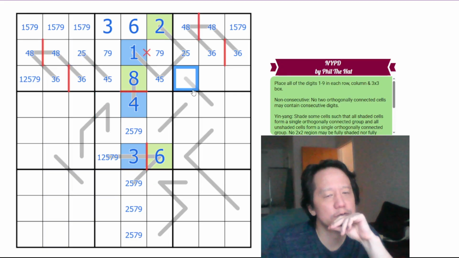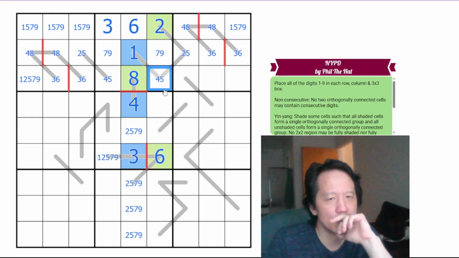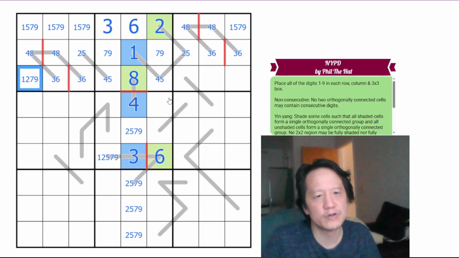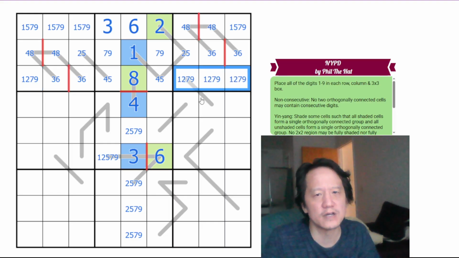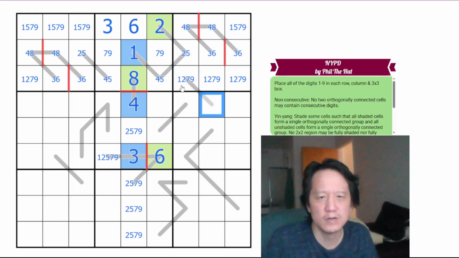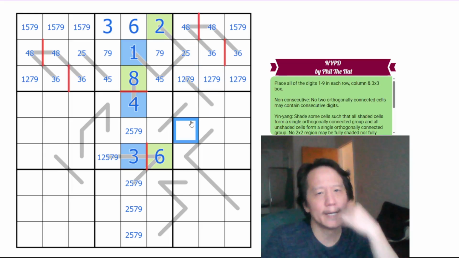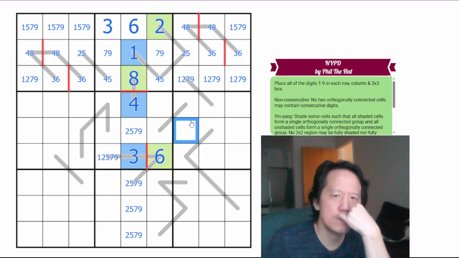So can remove that. This can't be 5 because of the 4, 5 pair. The remaining digits are 1, 2, 7, and 9. Interesting.